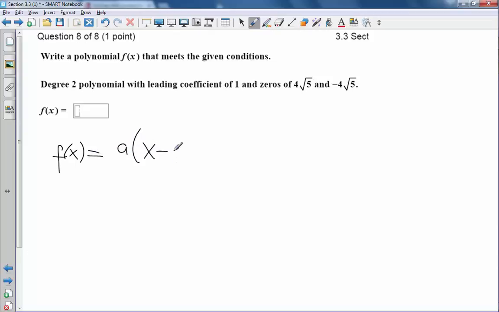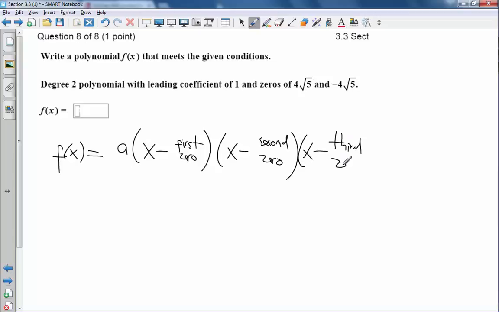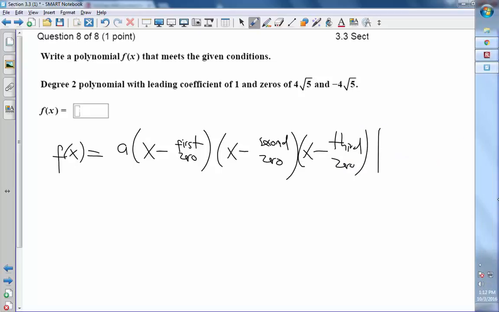X minus the first zero, x minus second zero, x minus third zero. You can do this all day. X minus fourth zero, fifth zero. As many as you could keep doing this, as many as the number of zeros.